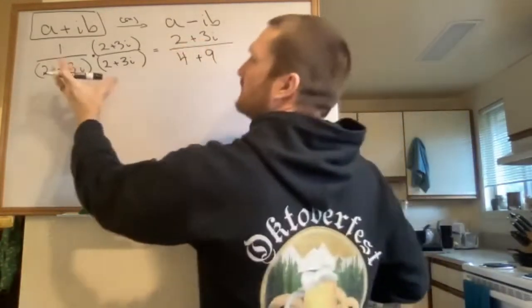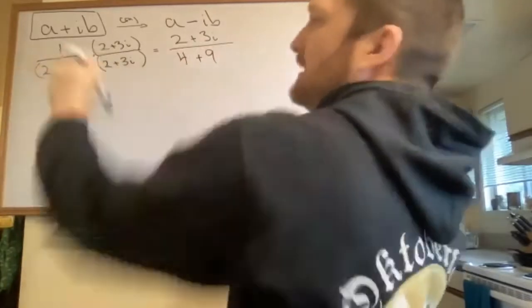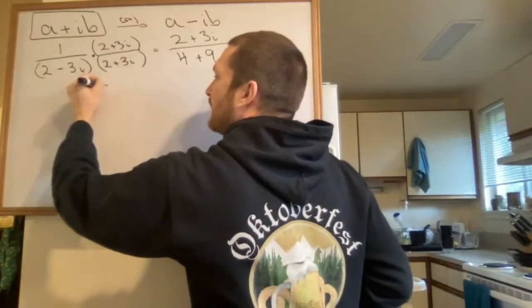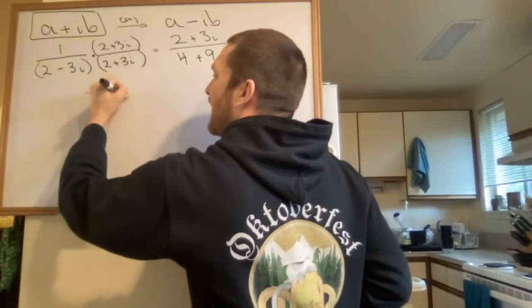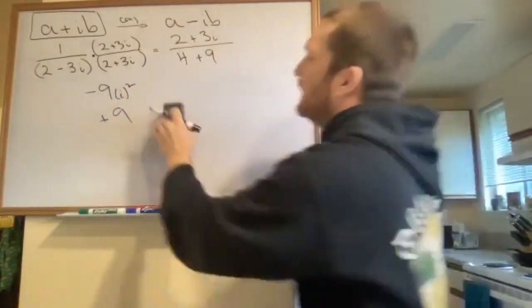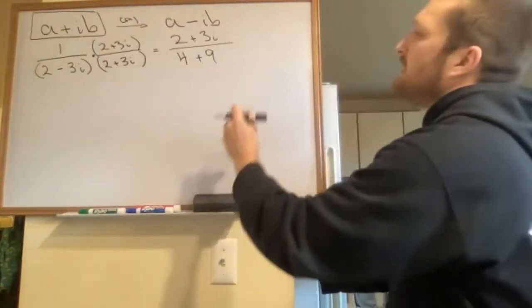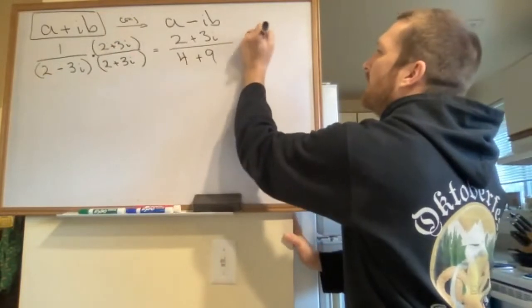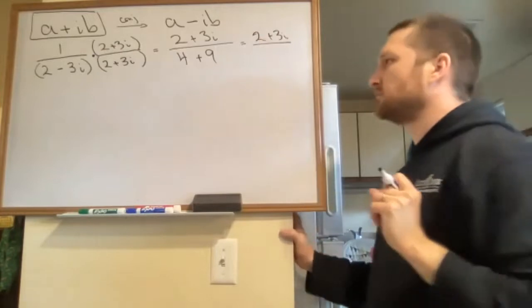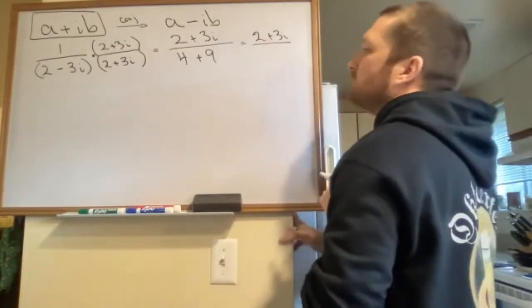First gives me 4. Outer, inner, I can see they cancel, so I don't need to worry about it. Negative 3 times 3 is negative 9, but you have the i squared, which makes it a positive 9. So yes, there we go. Okay, so let's simplify this a little bit. We have 2 plus 3i on the top, and 4 plus 9 is what? 13.